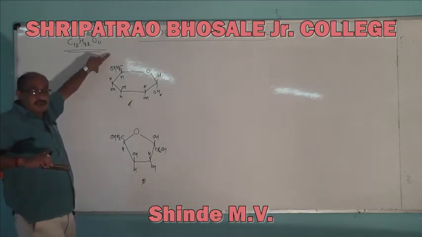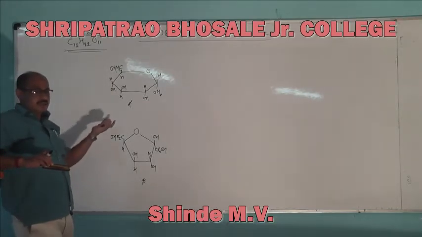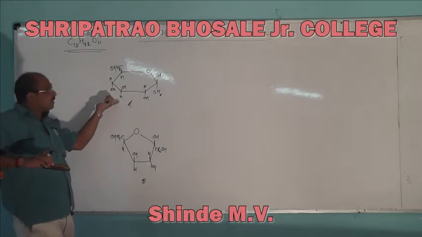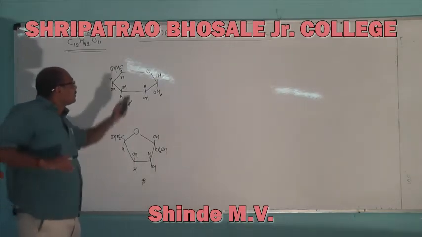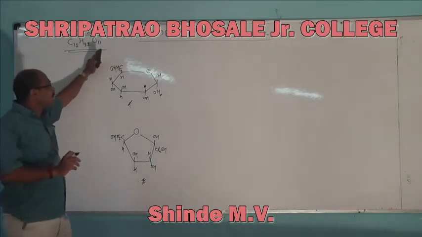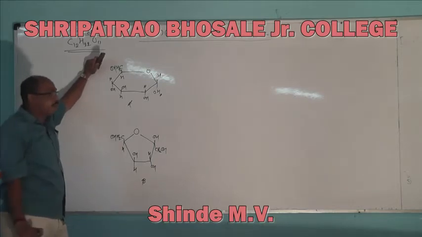Sucrose does not reduce Fehling's solution, so it is a non-reducing compound. This one is the structure of alpha D glucose, and this one is the structure of beta D fructose.